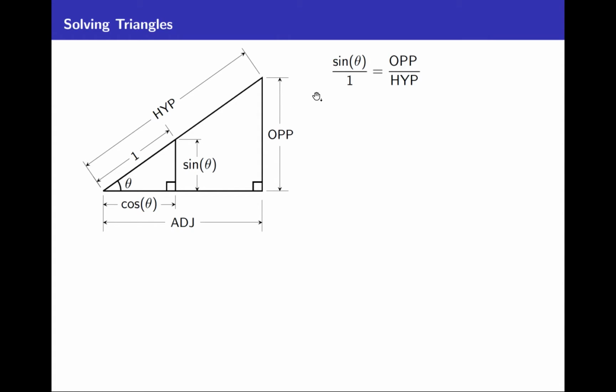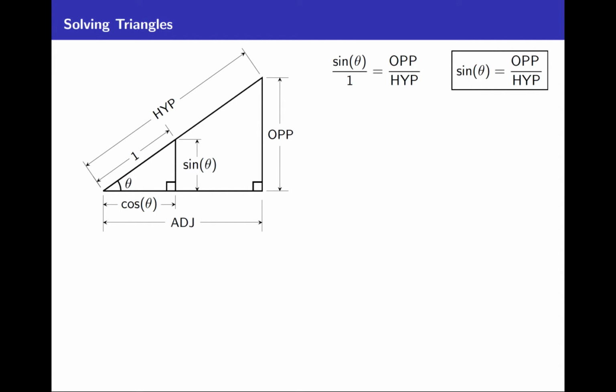First of all, think about the ratio sine of theta over 1. Sine of theta over 1 by similar triangles would be equal to opposite over hypotenuse. So similar triangles give us sine theta over 1 equals opposite over hypotenuse, and that's just sine of theta equals opposite over hypotenuse.